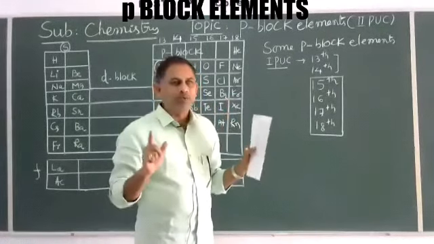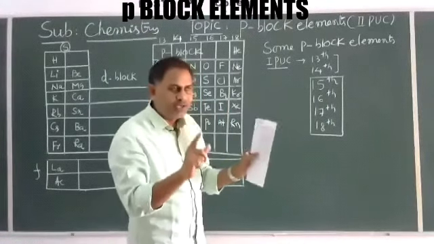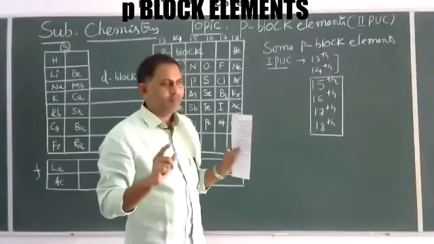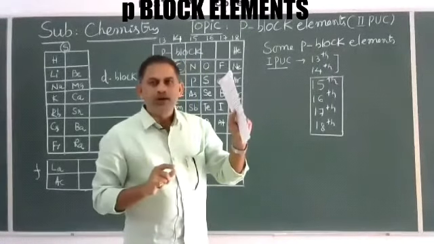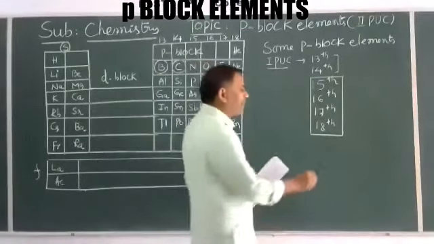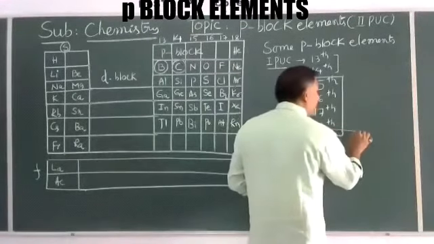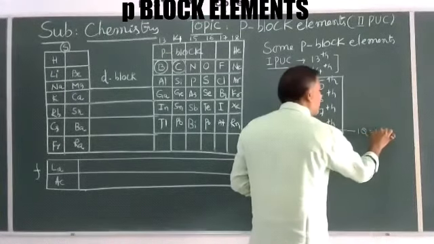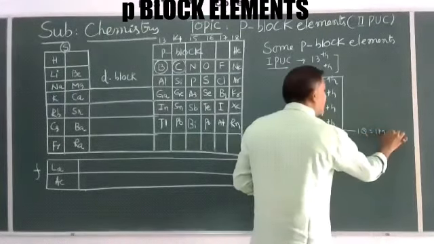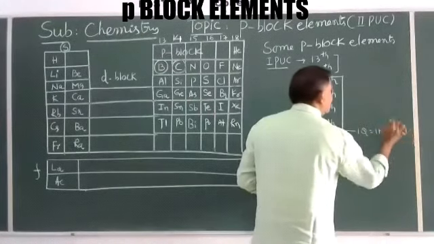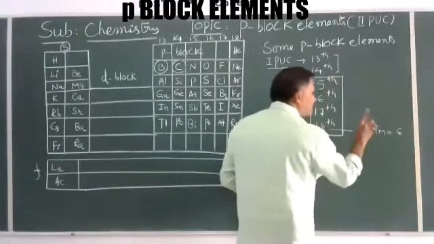To get the 1 mark and 2 marks for the objective as well as PUC, better you read the NCERT textbook line by line; that is enough. According to the Karnataka PU board pattern, from the 18th group there is only 1 question, for 1 mark, in the PU examination. That is question number 6, only 1 mark.